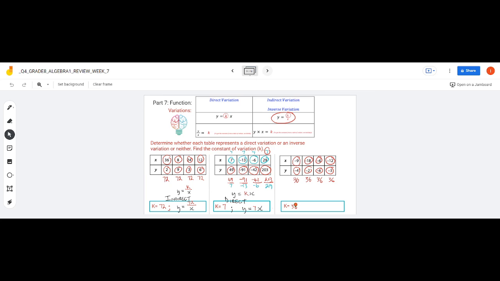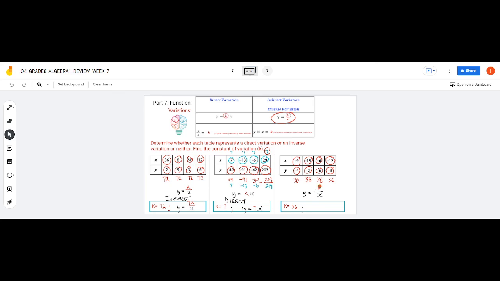And then how do we write it? That will be indirect or inverse because we multiplied. And what's the formula for indirect? That is y equals k over x.